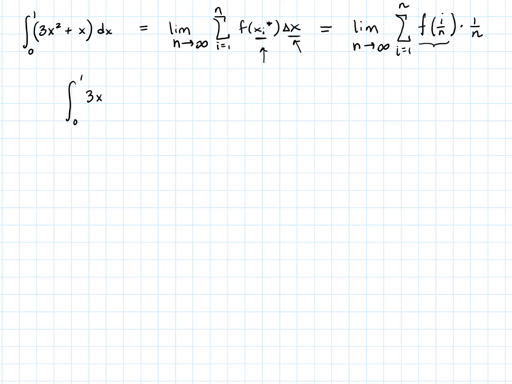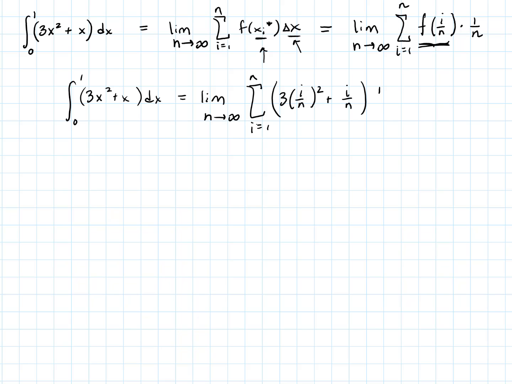Our integral from 0 to 1 of 3x squared plus x dx is equal to the limit as n goes to infinity of, now I'm going to plug into this function, the sum from i equals 1 to n of 3 times i over n squared plus i over n times 1 over n.